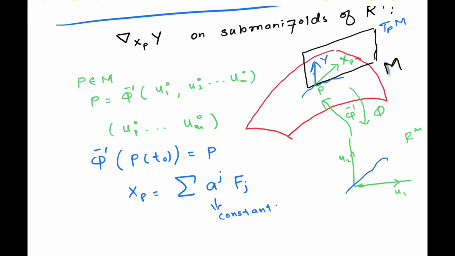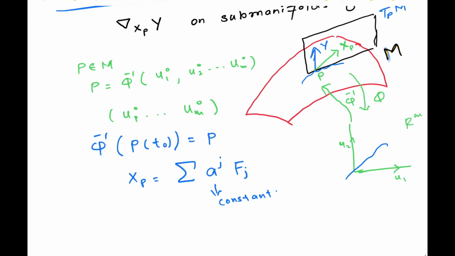Now this X_p vector is actually the push forward of the vector at point t naught here in this R^m space. So I can push forward, phi star inverse, this vector a_j partial u_j.